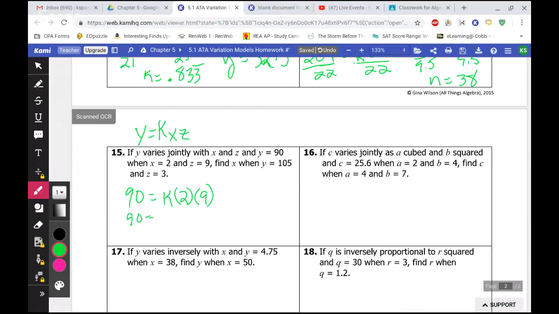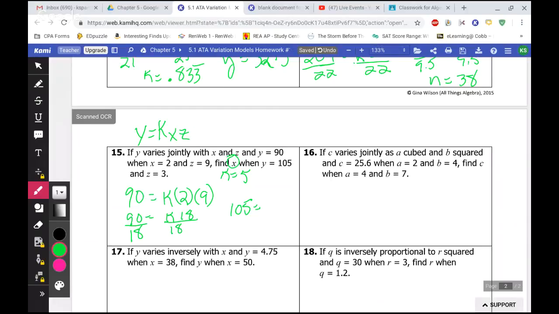And I just go step by step. And then divide both sides by 18 to find k. So k equals 5. And then it says find x when y equals 105.